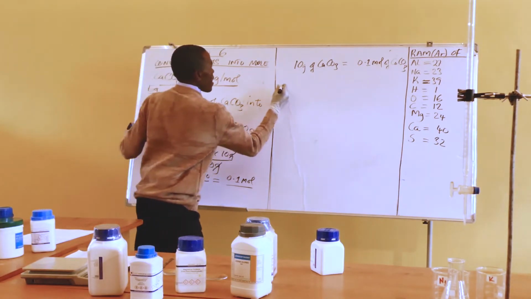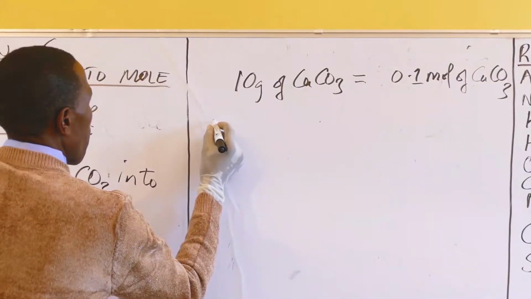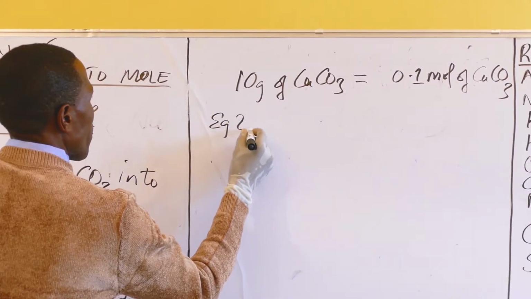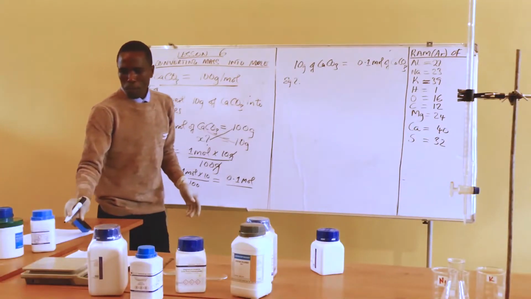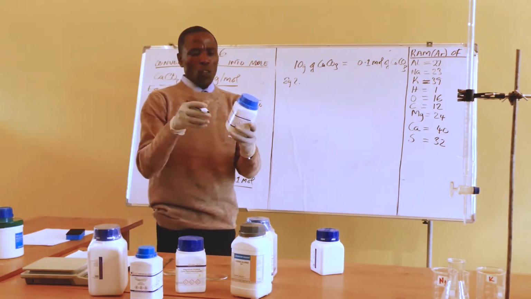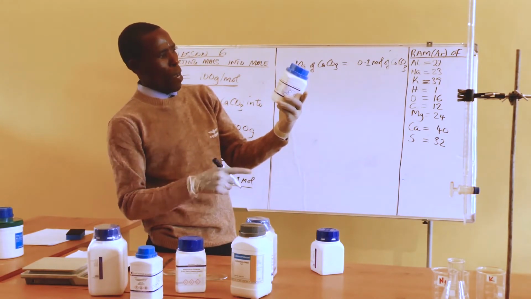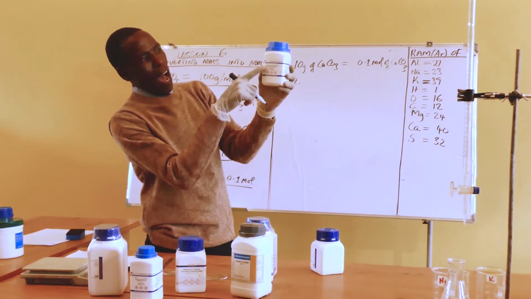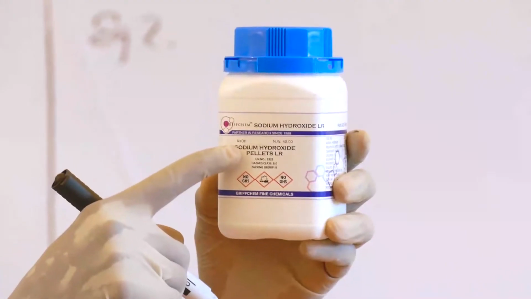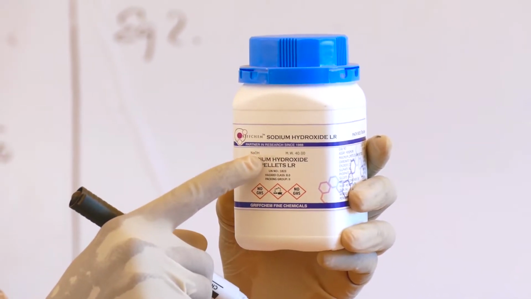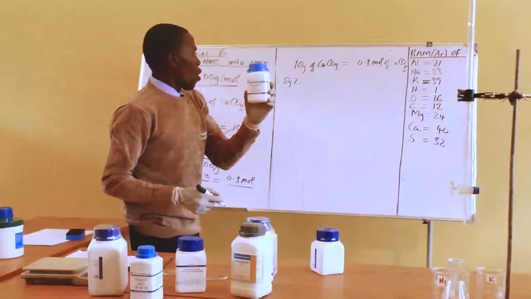Let us see another example. Example 2. This one is sodium hydroxide, with the chemical formula NaOH.